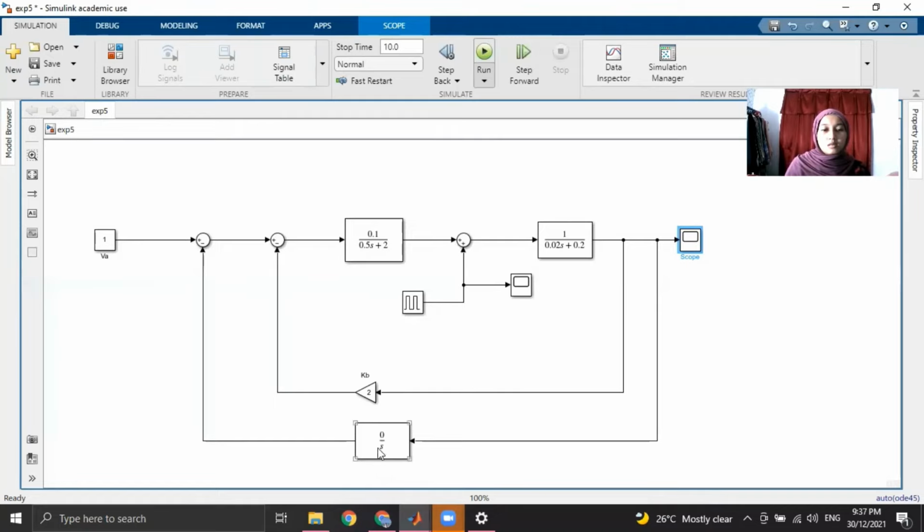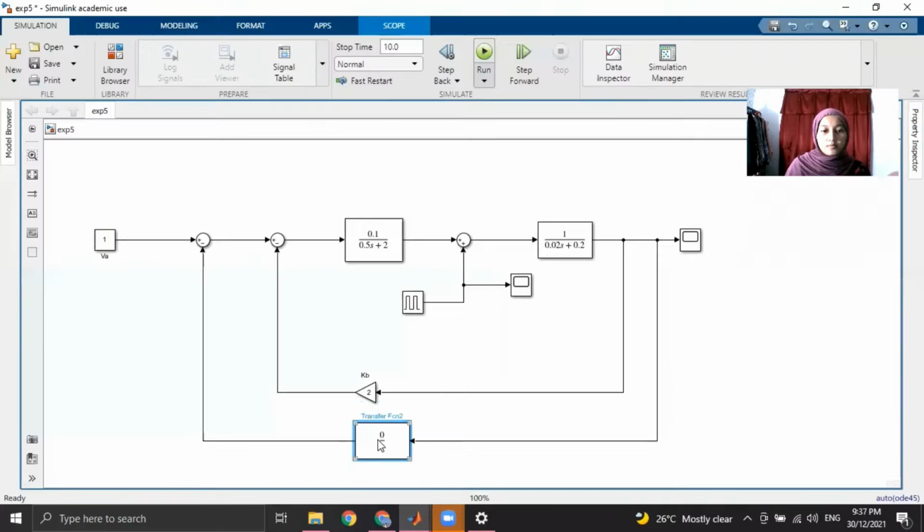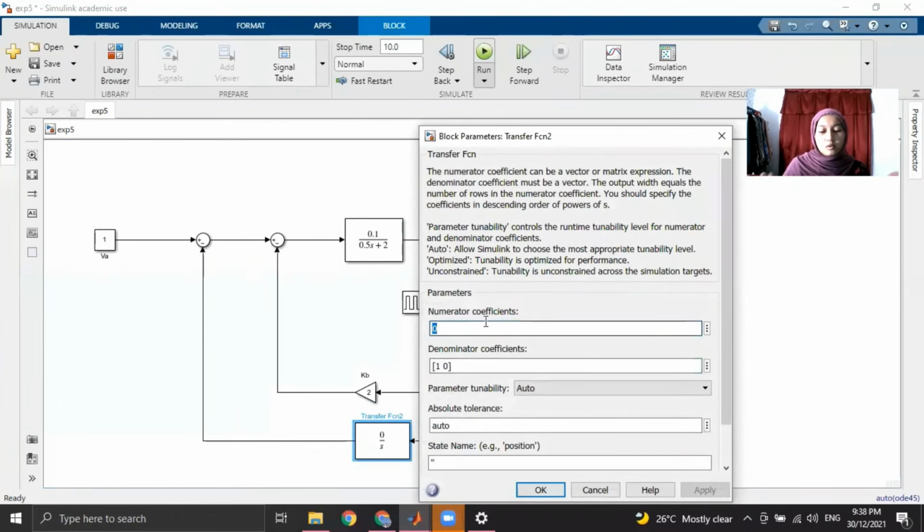Then let's take a look at the result of the scope at the pulse generator. Okay, this one is the graph at the pulse generator. Next, let's change the numerator to 5.